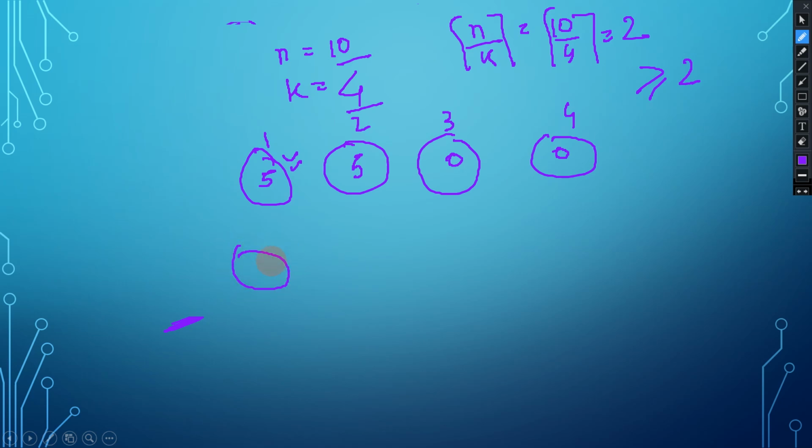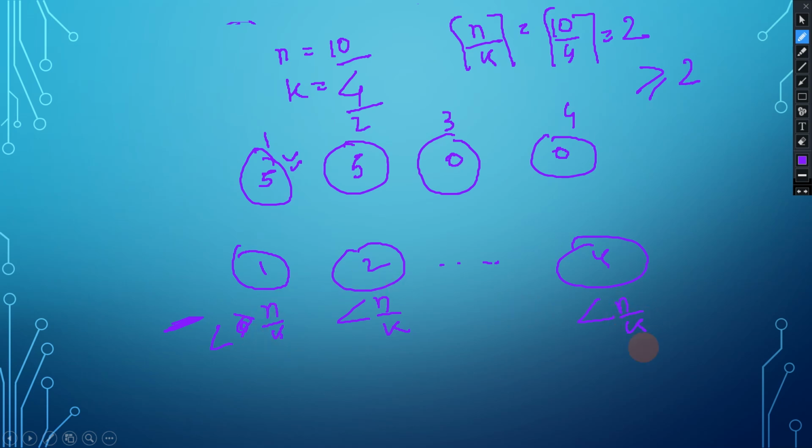Suppose we have the general case, the k holes, one hole, two holes, so on. We have k holes. And we assume that there is no hole with the greatest integer of n by k pigeons in it. That means all the holes have fewer than n by k pigeons. So we have fewer than n by k pigeons in the first hole, fewer than n by k pigeons in the second, so on, fewer than n by k pigeons in the kth hole.